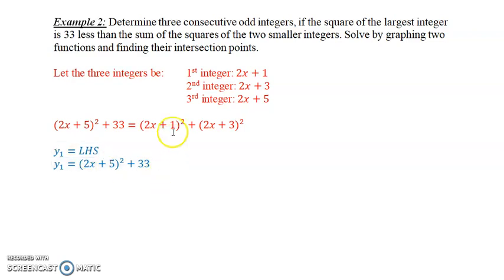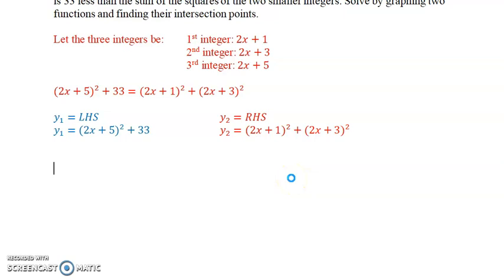And then we make y2 equal to the right-hand side of the equation. And I'll put that up there as well, just so you know. We did this in an earlier section, and this creates an intersection point, and the x value of the intersection point is going to help us find those 3 integers.